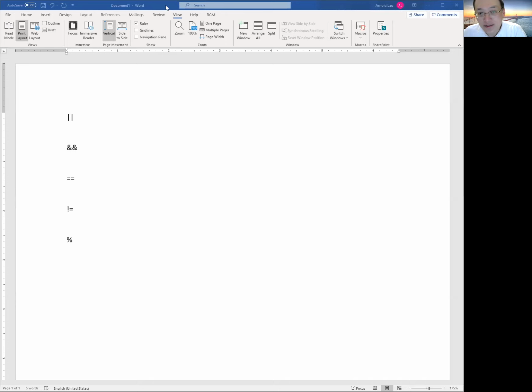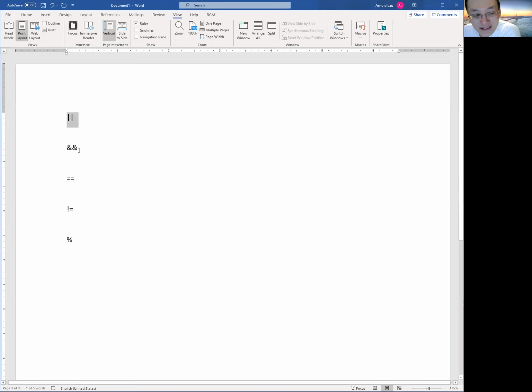There've been some questions that came up regarding ors, ands, comparisons, not equals, and the mod symbol. So I've set up something here just to give a quick review on this. You see these double pipes here. These are ors. It represents or.